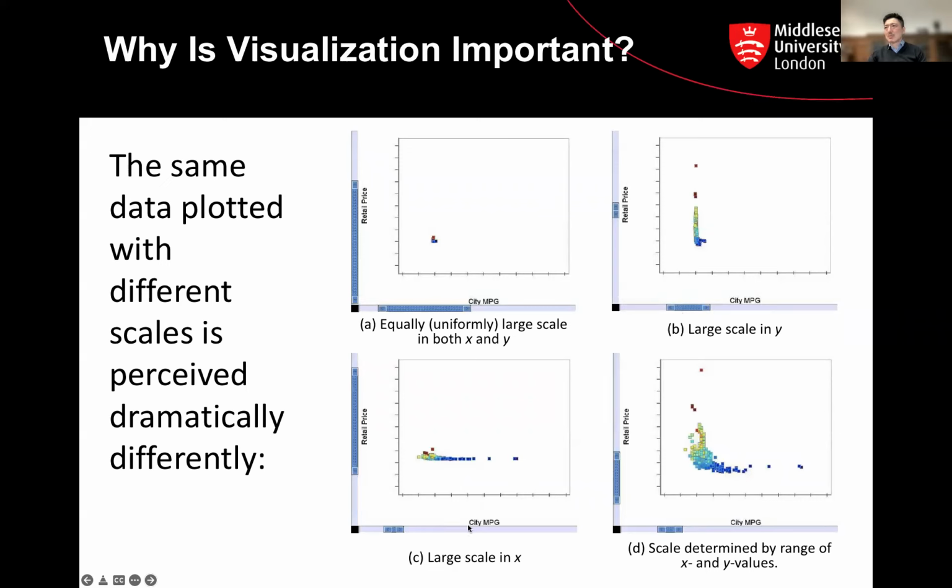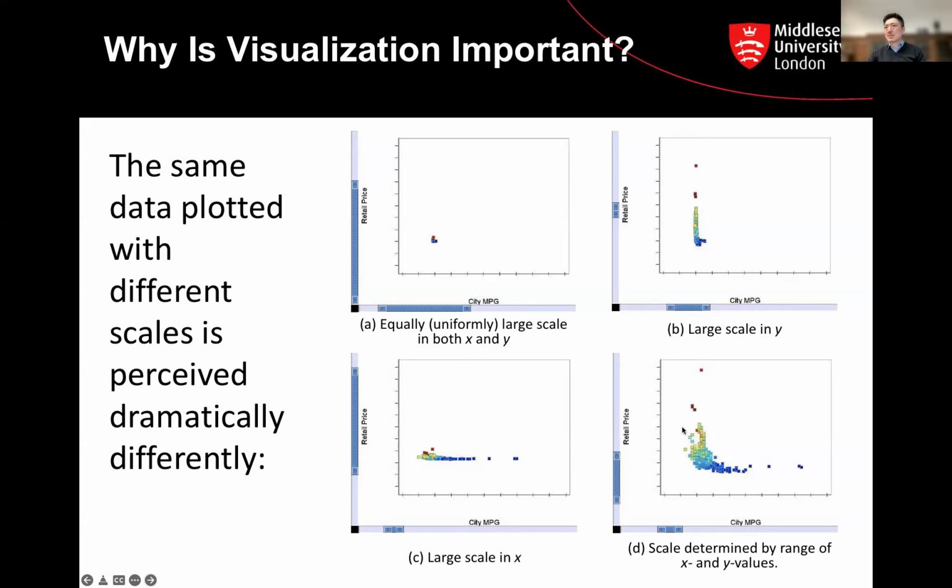And so this is the opposite, where you have a very big range of retail price, but a very small range of city MPG, and you start to see the distribution of how fuel efficient these different cars are. And finally, you have a small scale for both, and you can see the actual distribution of these cars in terms of price and fuel efficiency.